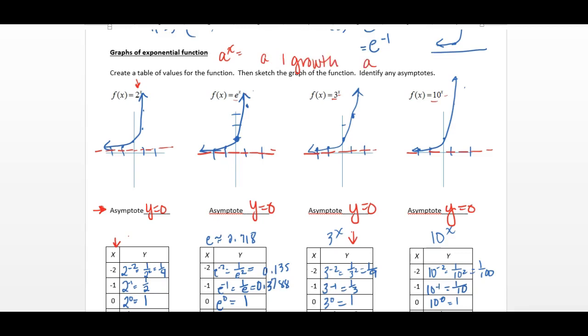If that a value is less than 1, like a fraction or a decimal, it's considered a decay function. A decay function. So look at my bases. Each of these are greater than 1, right? 2 is greater than 1, e is greater than 1, 3 is greater than 1, 10 is greater than 1. So they all have the same general shape as a growth function going up, okay? And you're going to see what a decay function looks like here in a second.